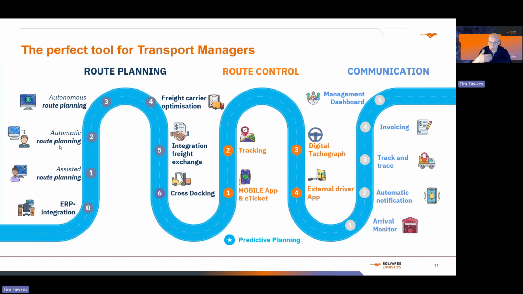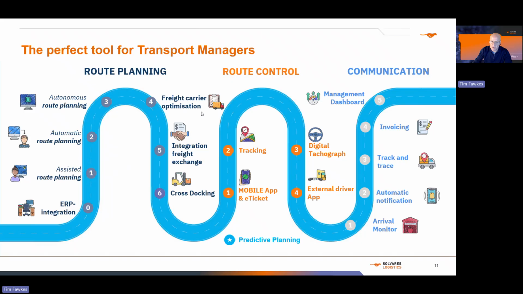We also have an optimizer within the system, so we can automatically plan the routes based on the optimizer setup. And we have what we call autonomous route planning, where the planning is consistently updated throughout the day as events change and the process goes along.